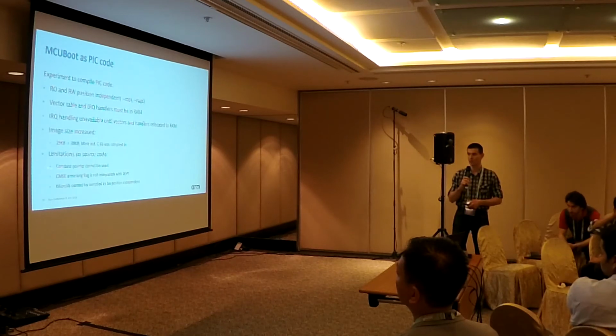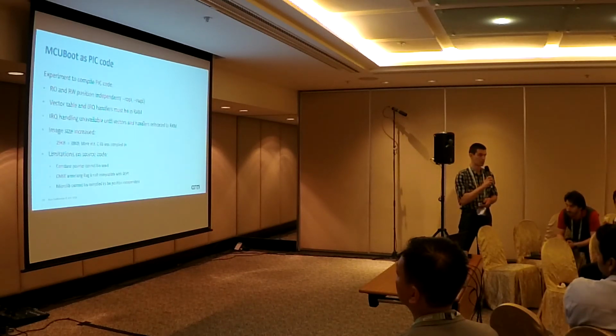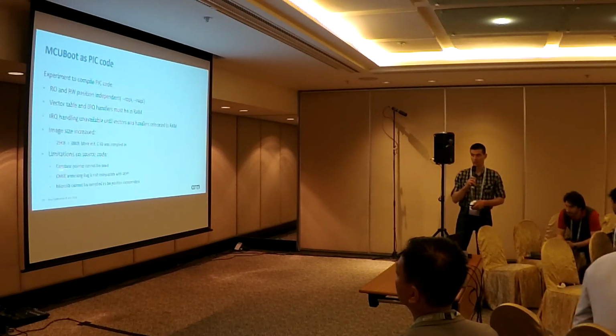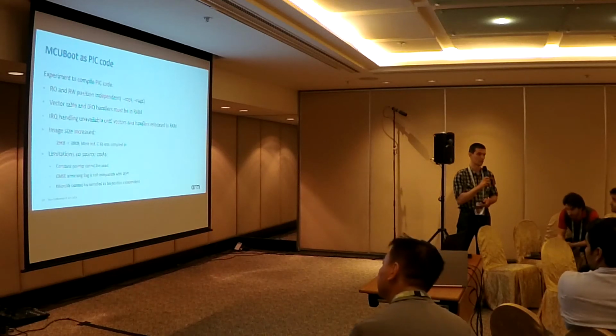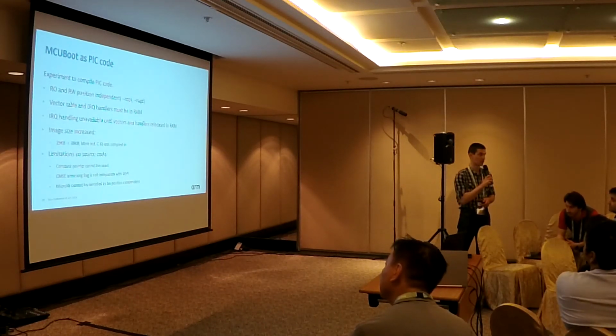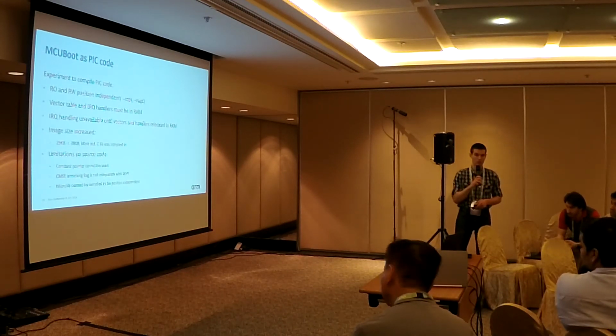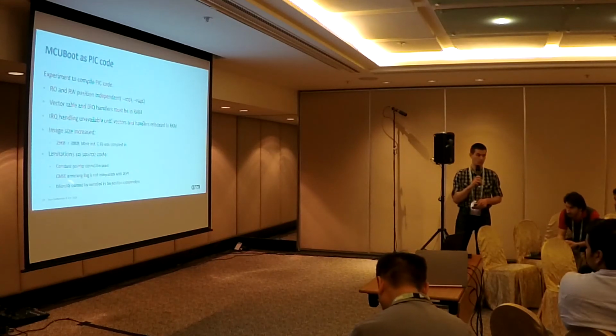There are also some limitations when you try to compile code to be position independent. It cannot contain any constant pointer. I did this experiment with the ARM Clang compiler. Maybe other compilers behave in a different way, but ARM Clang has these limitations.